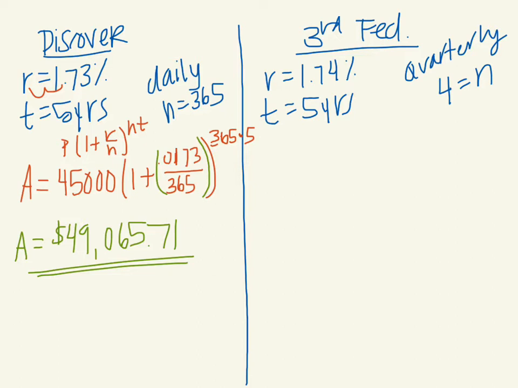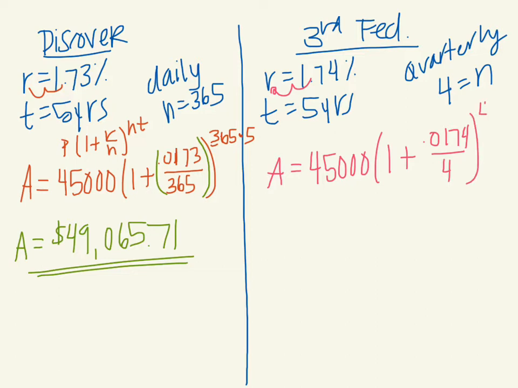If we take a look at the Third Federal, we're going to use the same formula. So P is 45,000, parentheses 1 plus your rate, so bump it back to 0.0174, divided by the number of times it compounds, so quarterly, raised to 4, so the number of times it compounds, times your years, which is 5. Again, use your calculator. Just be careful.